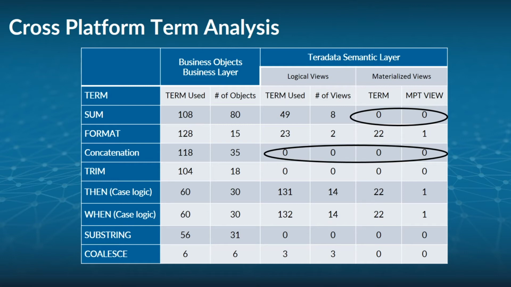And in this just horrendously expensive operation, it's occurring 118 times in 35 different programs on the business object side of the street. On the Teradata side of the street, it's doing no heavy lifting, none. So in this particular case, Teradata is little more than a passive repository.